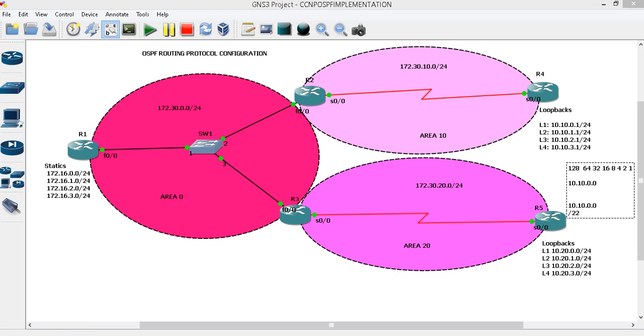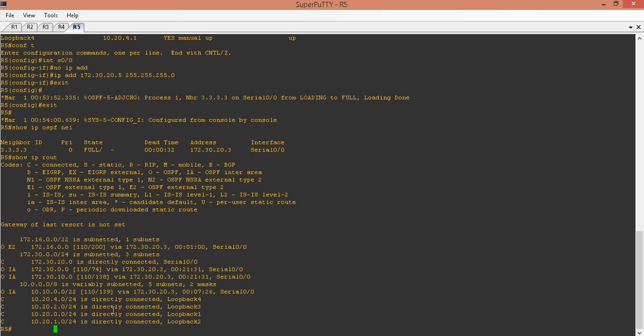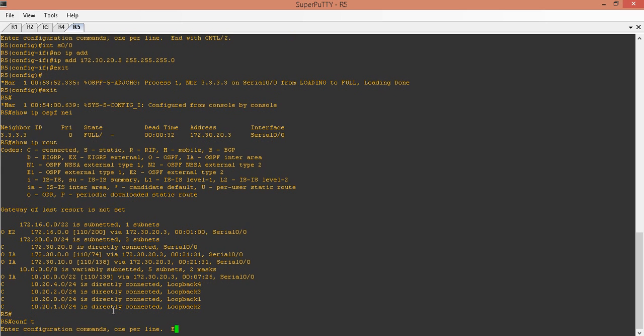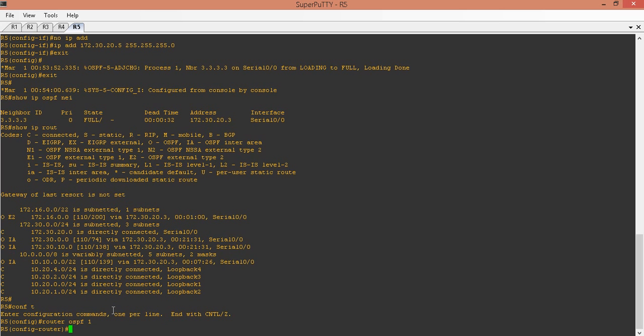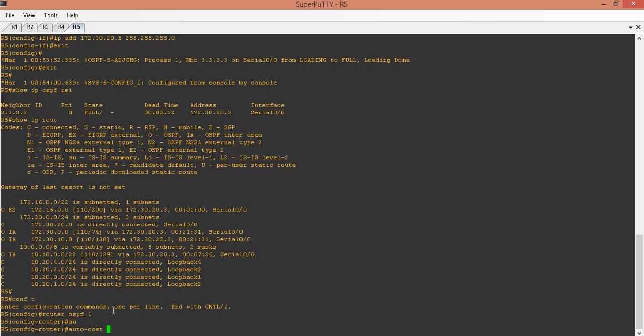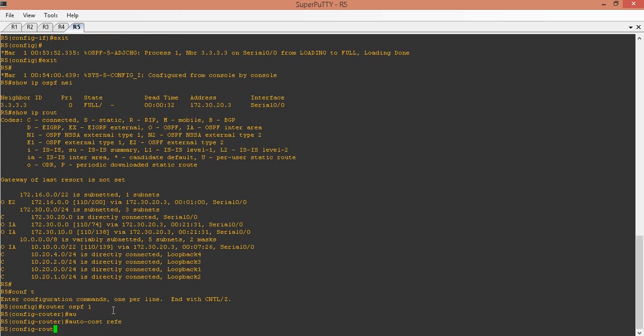We start with router 1. Go to global configuration mode. We say router OSPF 1, auto-cost reference-bandwidth.